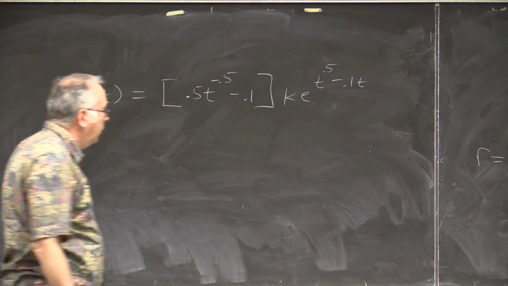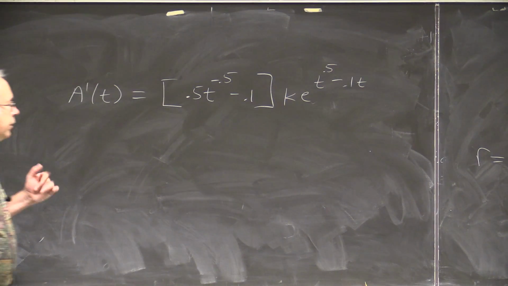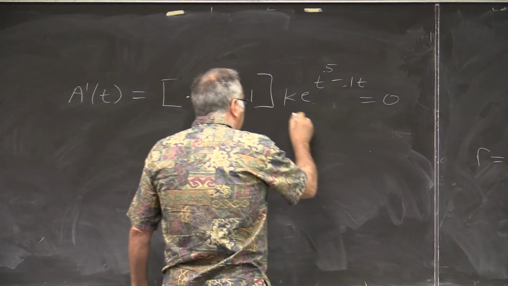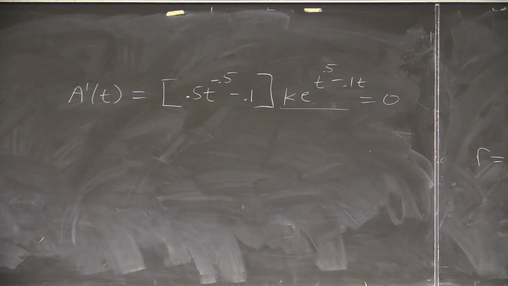And what do we do to this derivative? Set it equal to 0. Now, this term here is always going to be positive. e raised to any power is going to be something positive. k is by assumption positive. So all that is something positive.